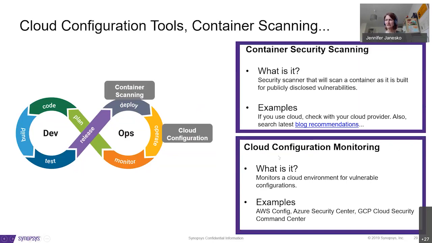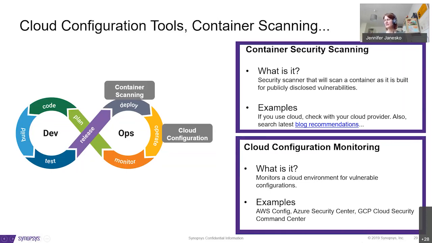The next is cloud configuration monitoring. So we all make mistakes when doing configuration in the cloud. Cloud is a very complicated place with many different policies and service accounts and permissions and so on and so forth. And the cloud providers have realized that this is a real problem. And so they've created these really cool tools that allow you to scan basically your entire configuration for your cloud accounts and figure out where you've configured things weakly.